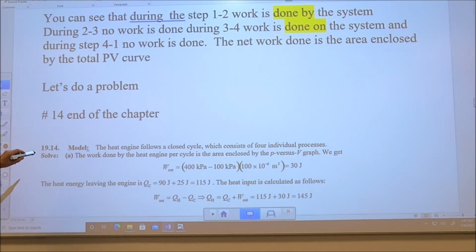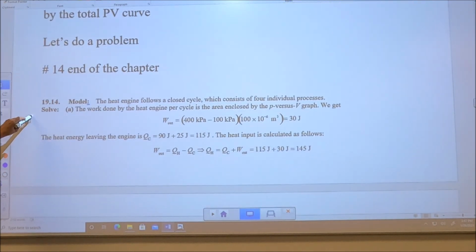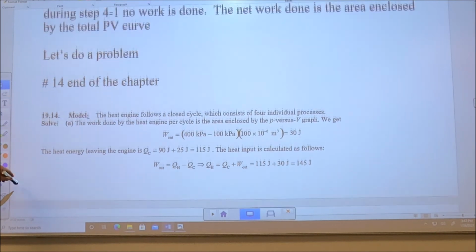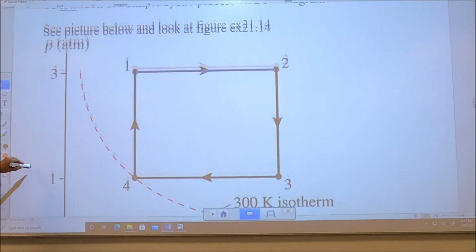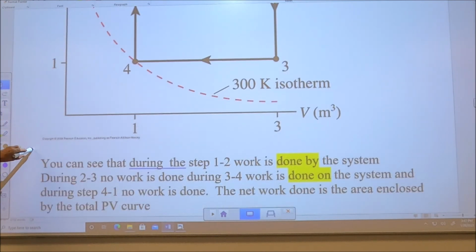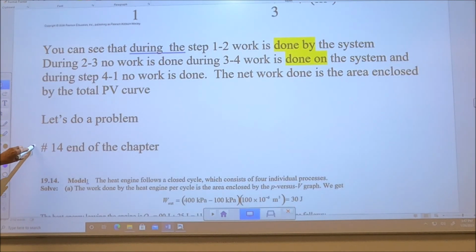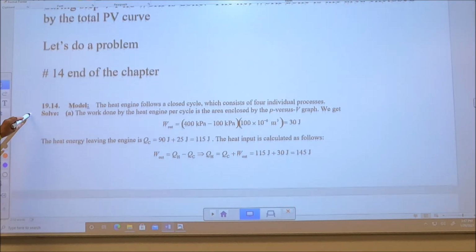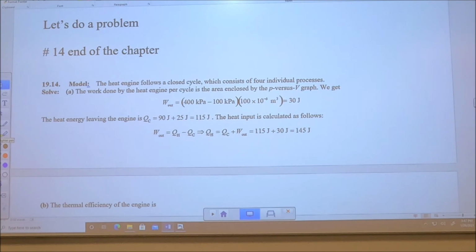Now, let's look at problem 14 here at the end of the chapter. It says the heat engine in problem 14, which is this one, is a closed cycle which consists of 4 individual steps. The work done by the heat engine per cycle is the area enclosed in the PV curve.